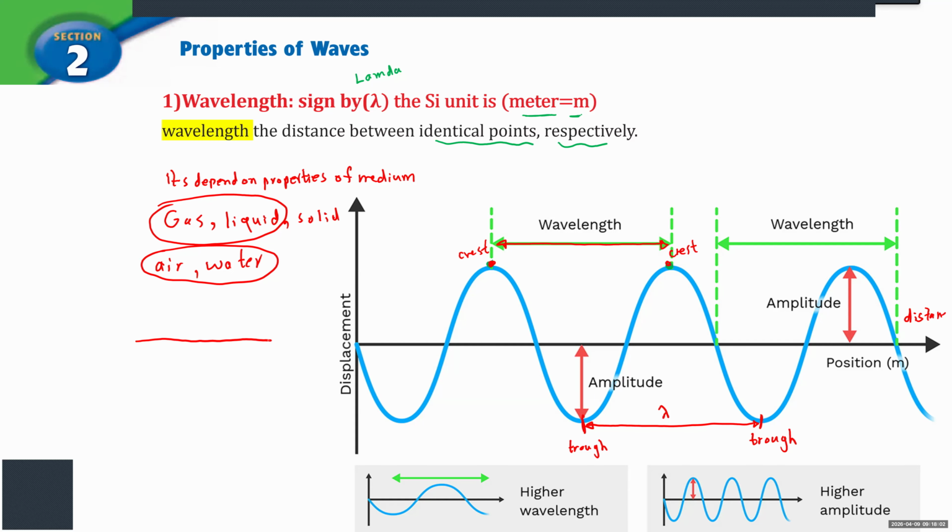If we have a sound wave and the sound passes from air into water, the wavelength increases. The wavelength of the sound in the air is less, but when it passes through the water, the wavelength increases. This is for wavelength.